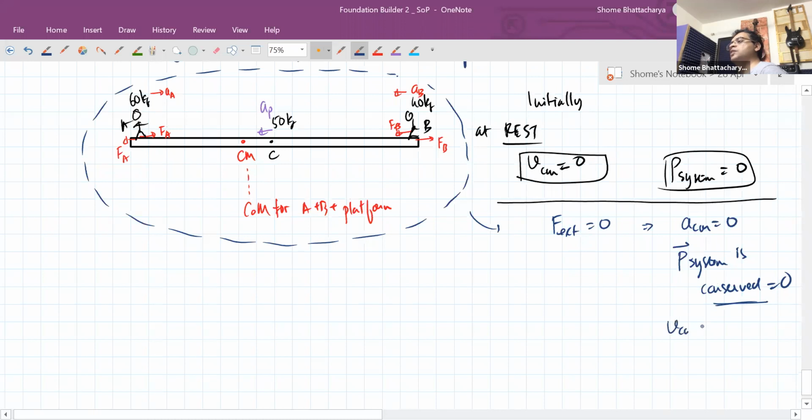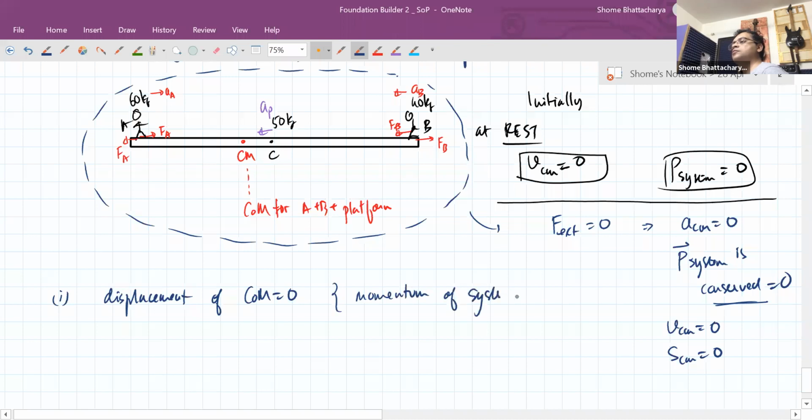So velocity of the center of mass will remain 0. So displacement of the center of mass will be how much? 0. So that is why the answer to the first part is that the displacement of the center of mass will be 0, because the momentum of the system is 0 throughout.